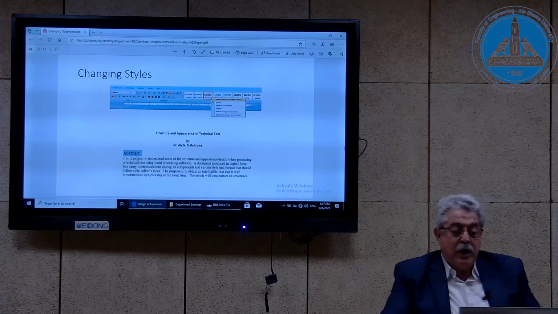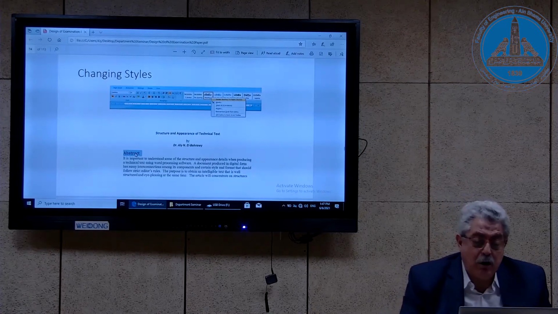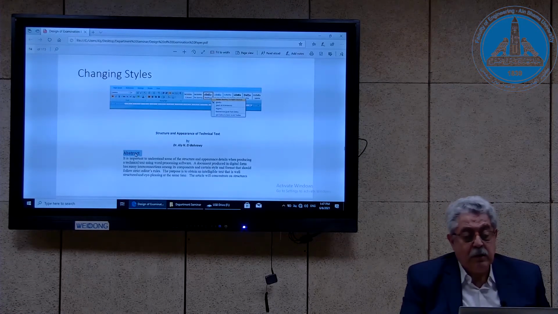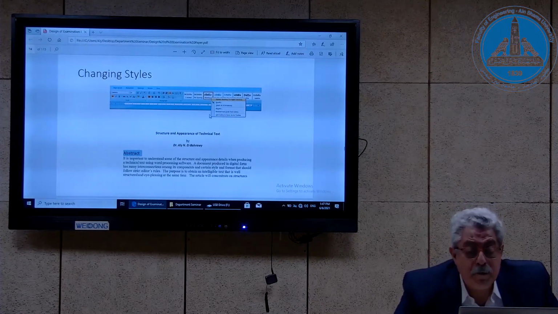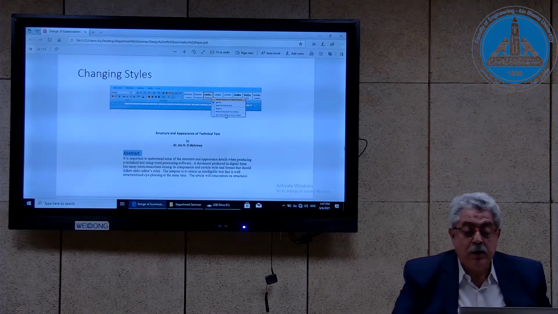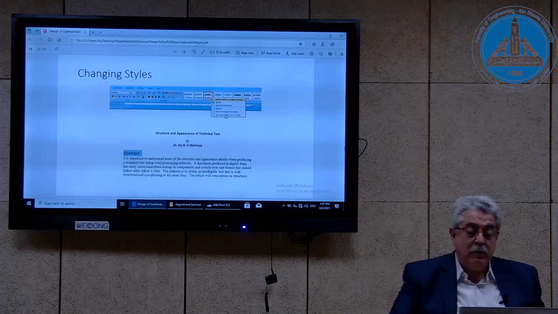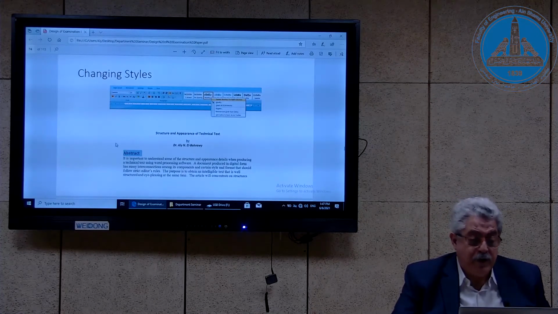Say, for example, for this particular title, I changed the color and the font size, and then I can click Update Heading to Match Selection to change all the headings of the same type, like Abstract.